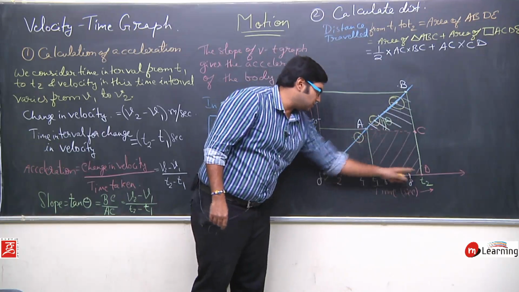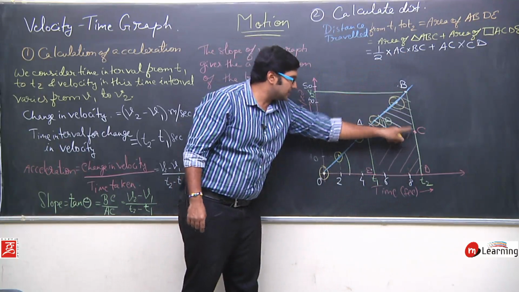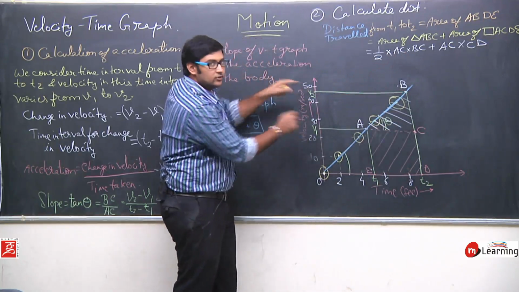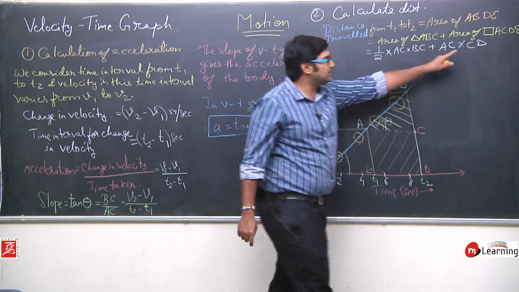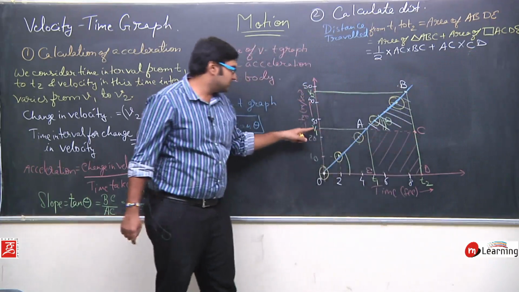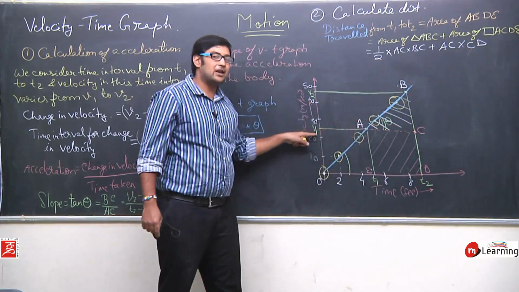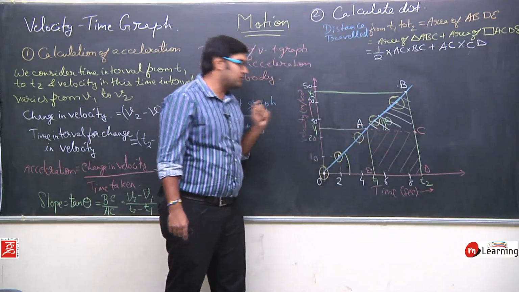AC is equal to T2 minus T1. What is BC? BC is equal to V2 minus V1, this much length. Similarly, AC is again T2 minus T1, and what is CD? You can see CD is this length. So this point C lies parallel to this V1. Okay, so CD is basically V1.